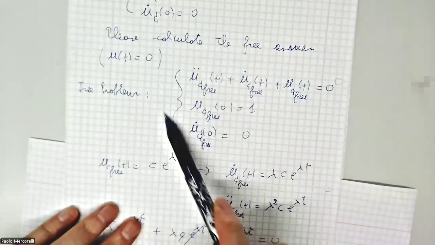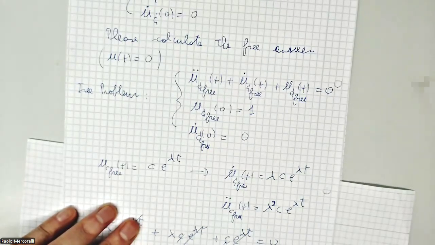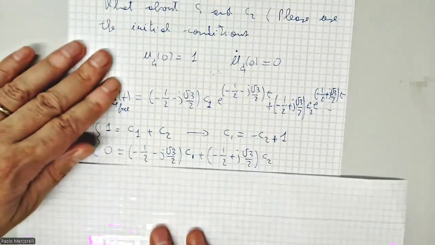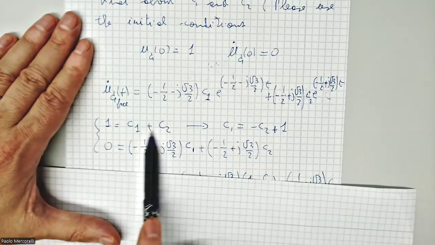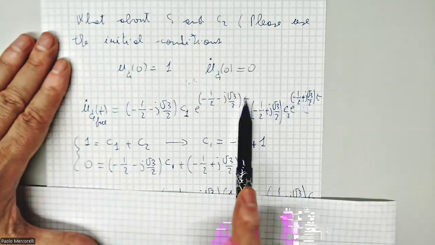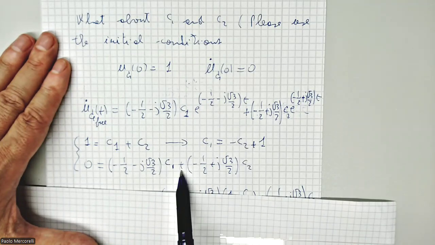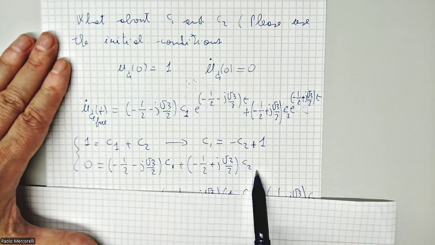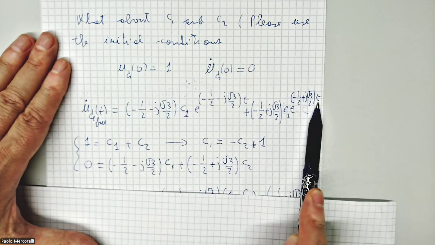The free problem is given, fixed in time, equals this expression, because it's this expression calculated at time 0, plus this expression, which came from this expression calculated at time 0.